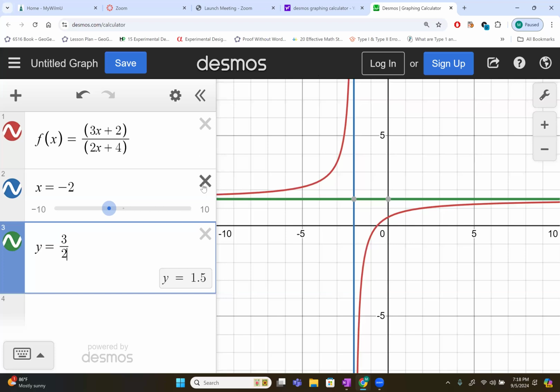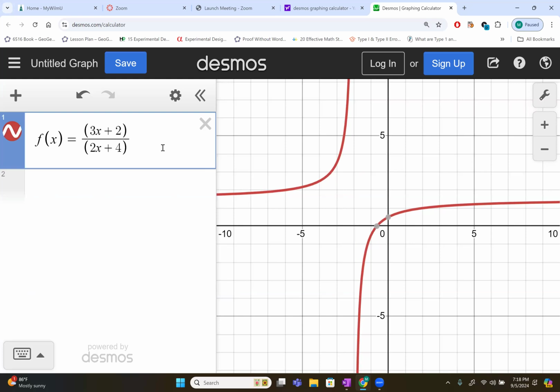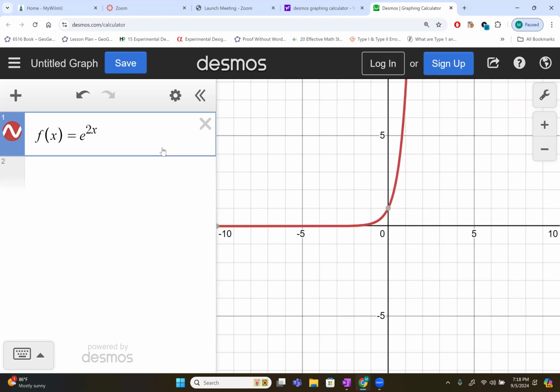If you graph it, so it's e raised to the 2x minus 3.